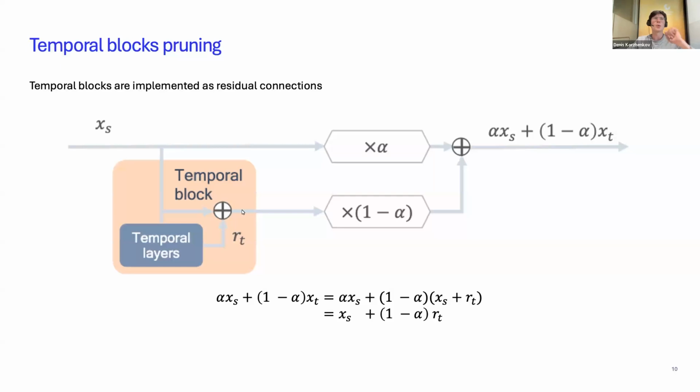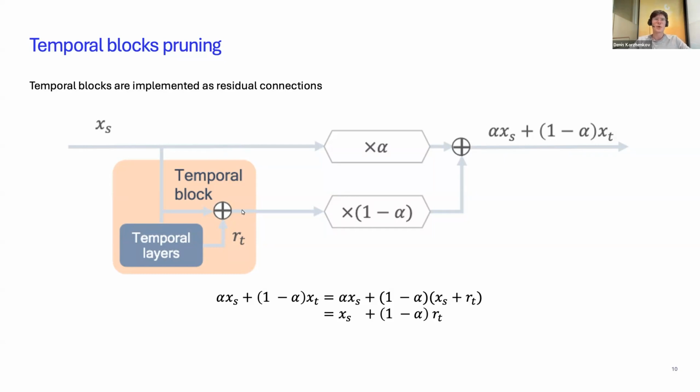So you have the output of your spatial layer named XS, and this tensor XS goes to the temporal layers inside a temporal block, and then it is summed up with XS, and then there is also a learnable scalar alpha, and you have one more mixing operation with the help of this learnable scalar.